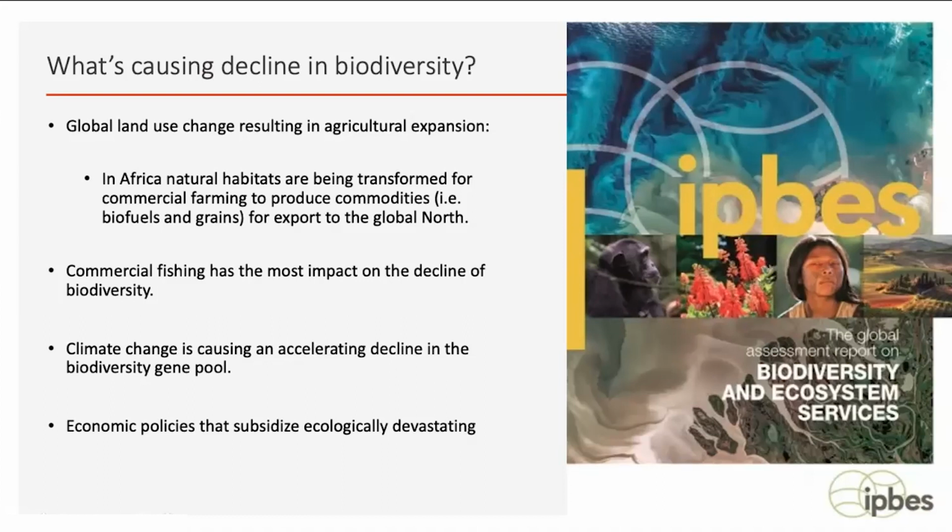And in Africa particularly, there's such a big land rush among agribusinesses coming from the US or Europe, acquiring land and transforming it for the production of commodities for export to the global north.